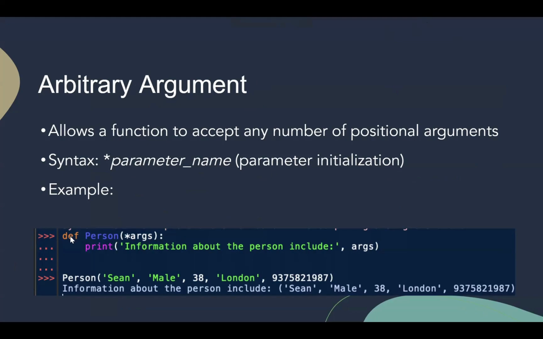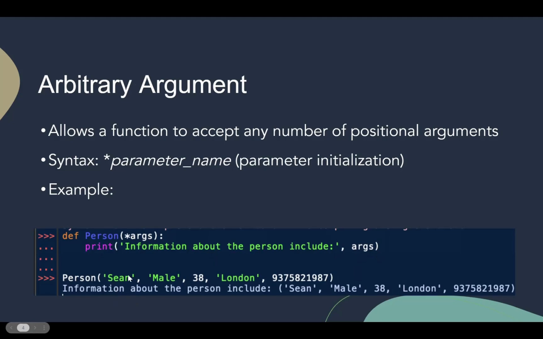All right, so if we look down at this example here, let's not worry about the syntax yet. We have a function here called person, and this takes in args. So args is all the arguments that this function can take in. It's an arbitrary argument. So that means we can pass it in many arguments. So all this function does is it prints out what it was given as an input. So let's look at here. We call person.